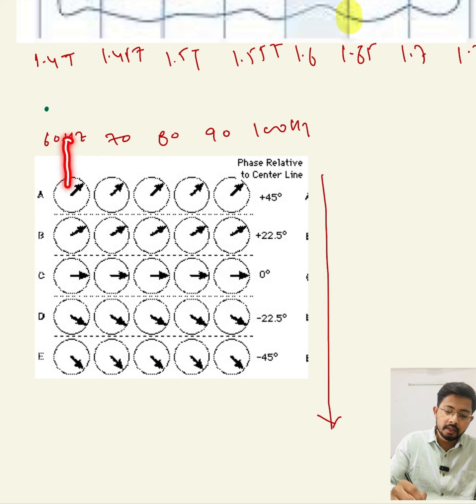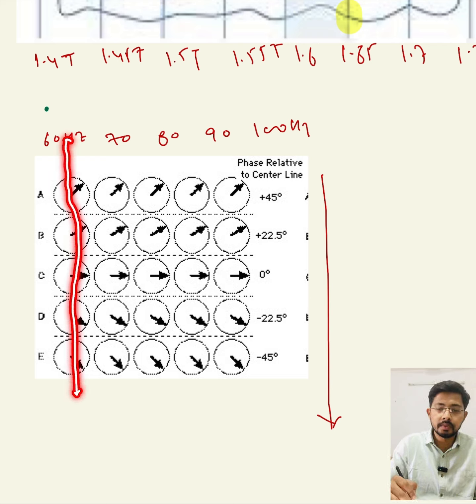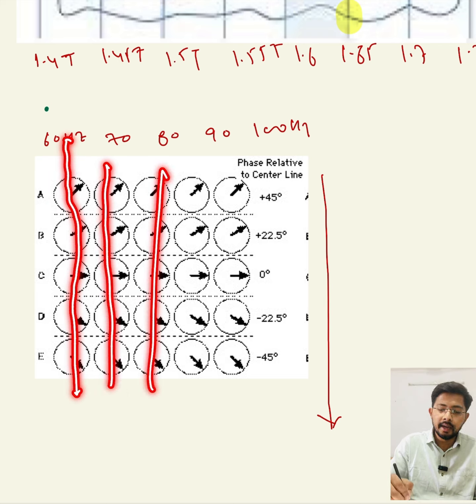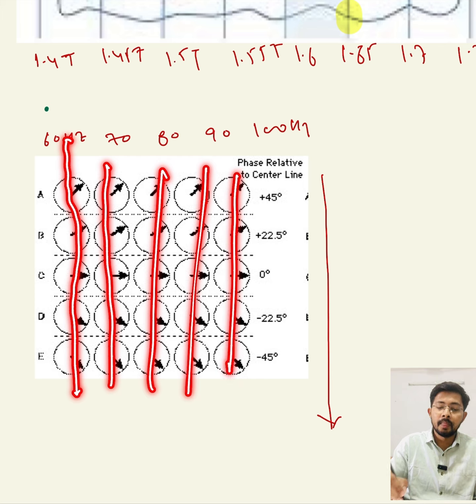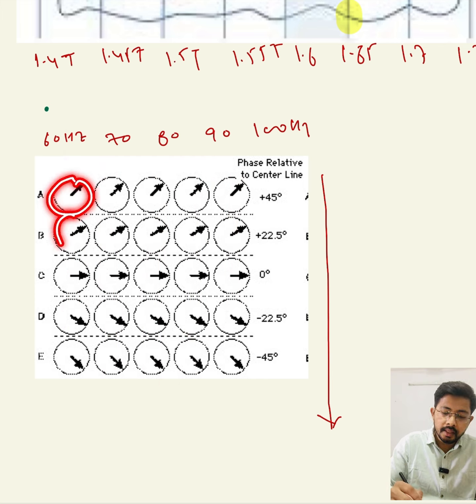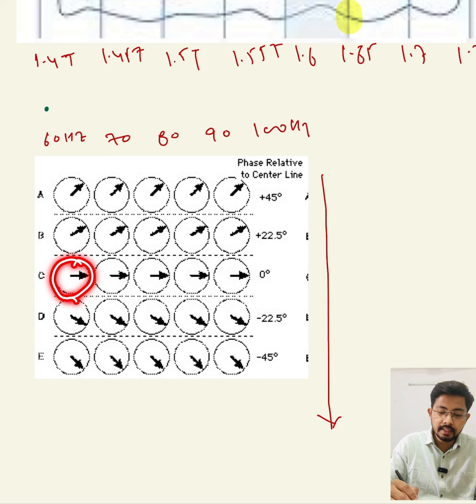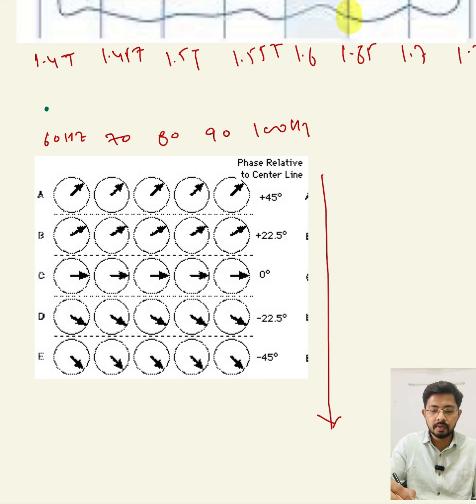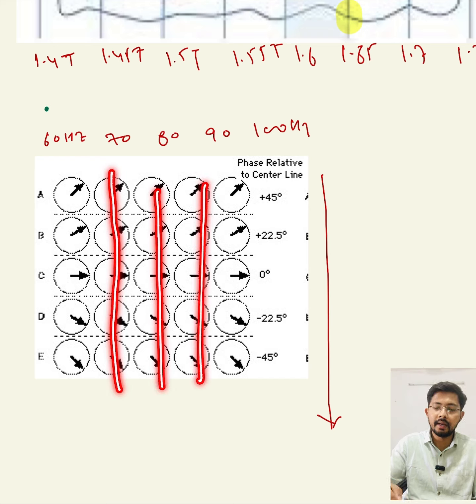Imagine this whole row has a frequency of 60, this 70, 80, 90 and 100. It means all the protons in this line will resonate at 60 hertz. This line will resonate at 70, this 80, 90 and 100.